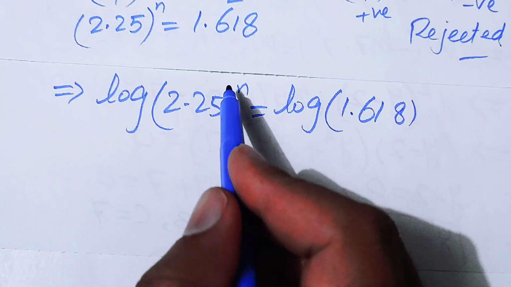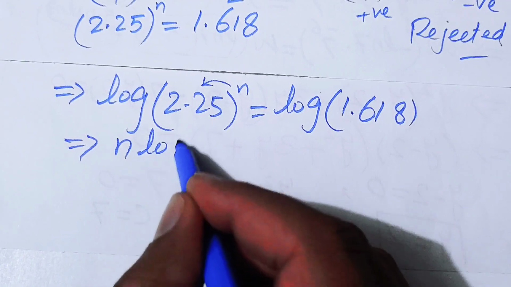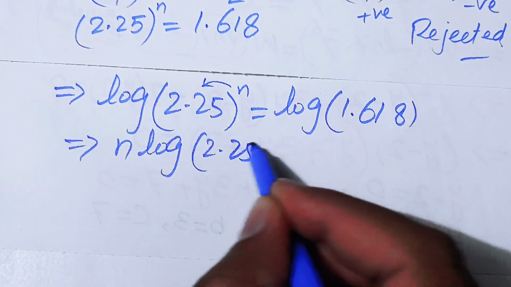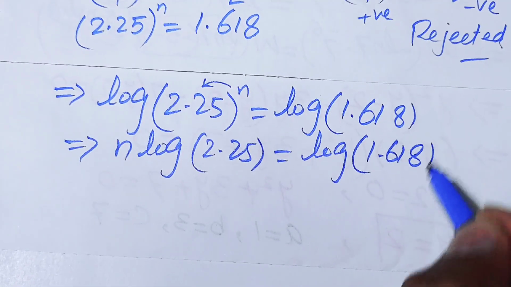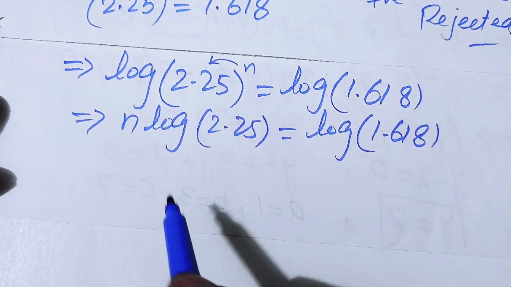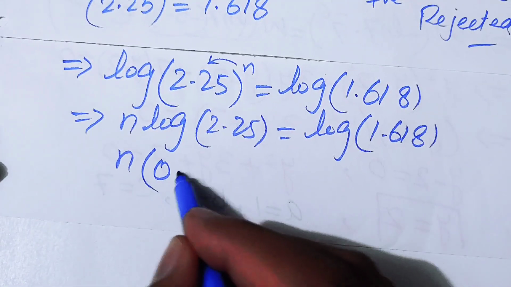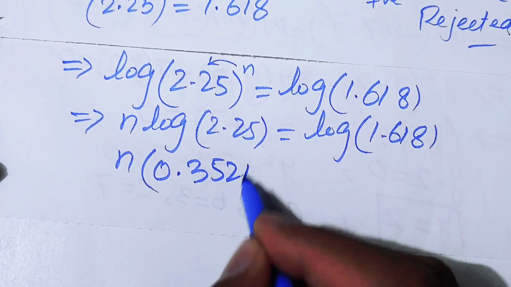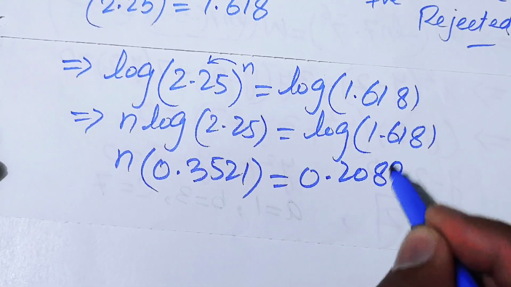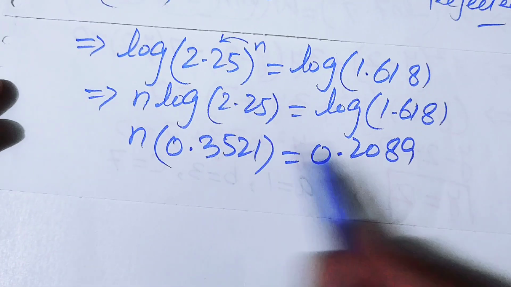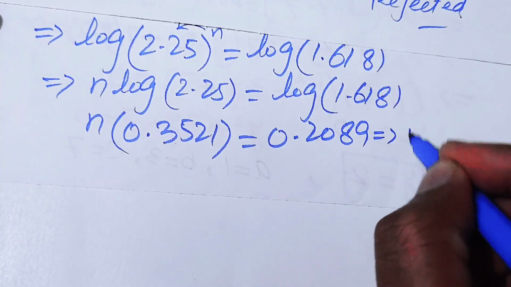Now we can move this n in front of the log, and you will get n times log 2.25 is equal to log 1.618. After using the calculator you will easily get the values of these logs, and you will get 0.3521 is equal to 0.2089.